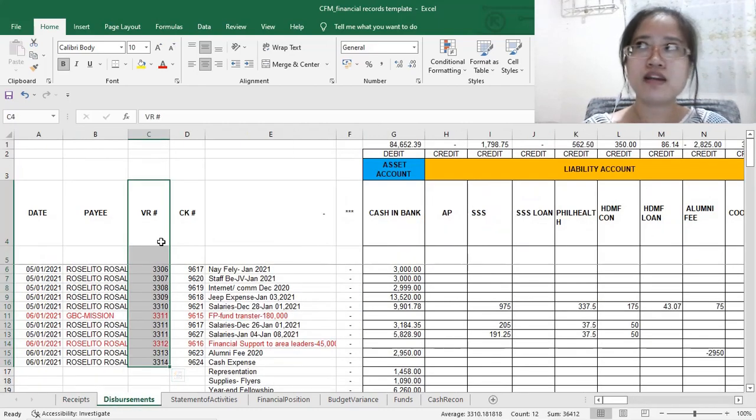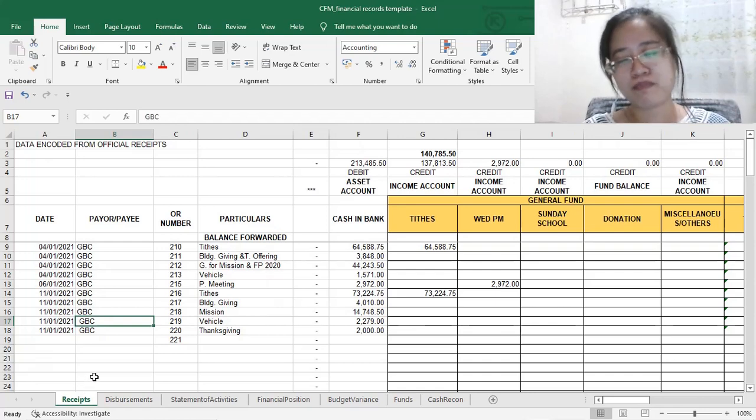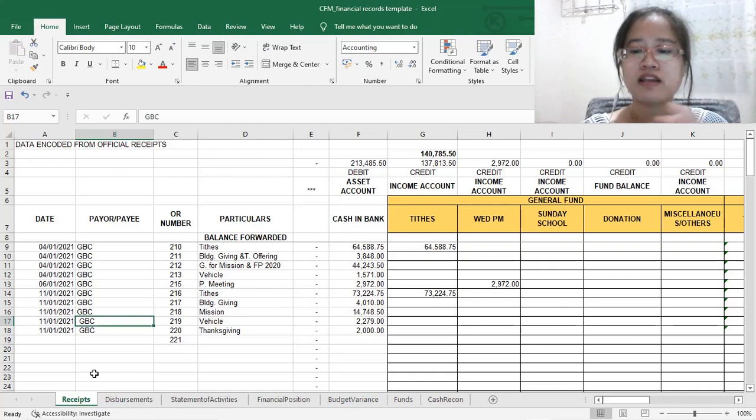For big companies, auditors would do random sampling. Essentially, what they do is they would pick up an official receipt booklet. They would open it, and let's say they open the official receipt on OR number 251.